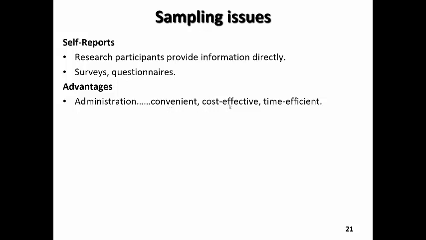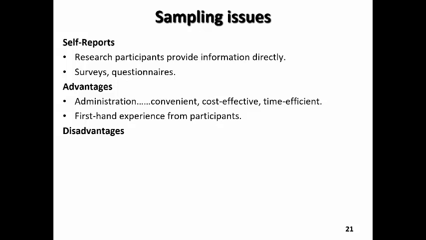It's very cost effective and time efficient because the research participant is engaging in part of the information gathering process here. And it does provide first-hand experience from the participants. The first-hand information is being provided.